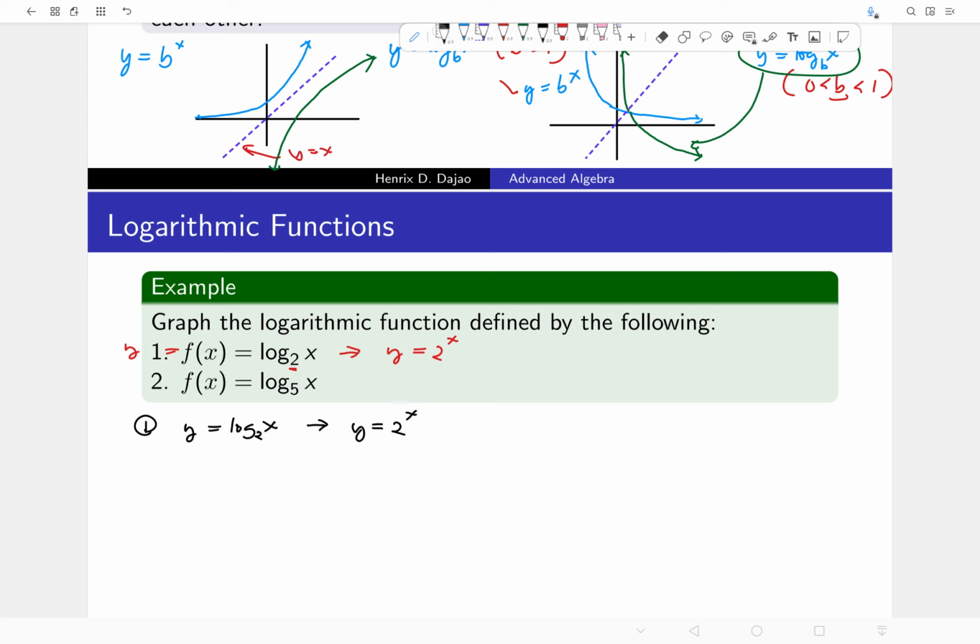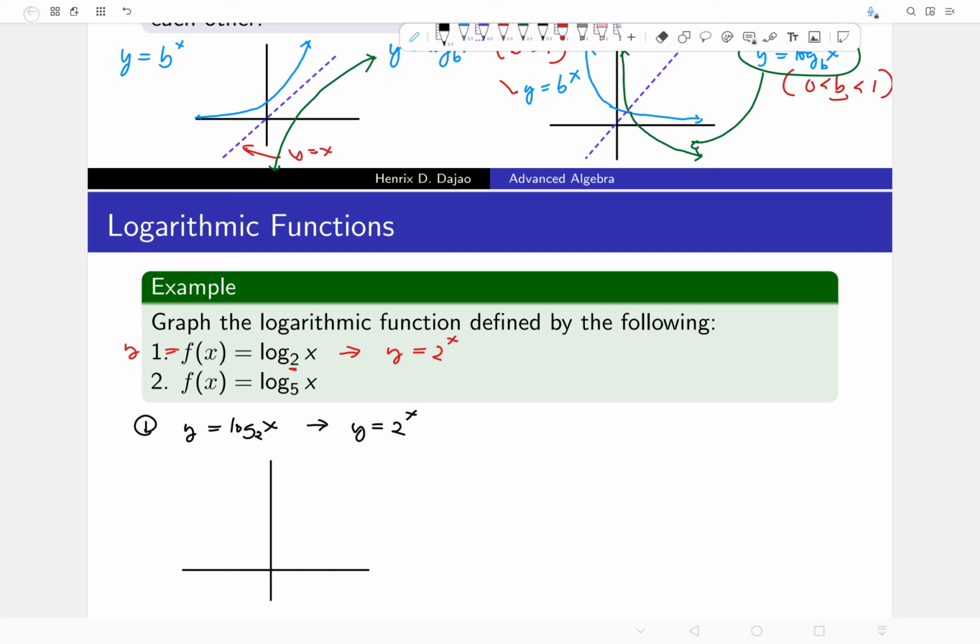So we will graph the function defined by this first, okay? So how does it look like when your b is greater than 1? So the graph is an increasing function, okay?